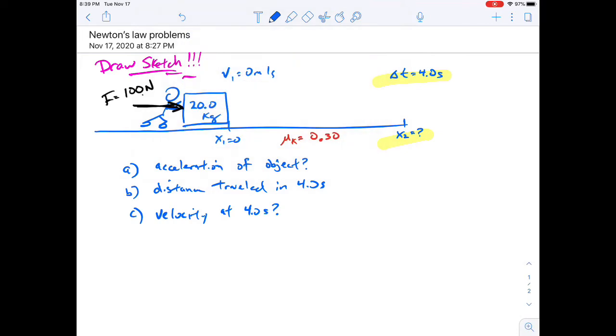If you are given a problem with a bunch of forces and masses and such, and they're asking for acceleration, you have one of two things.